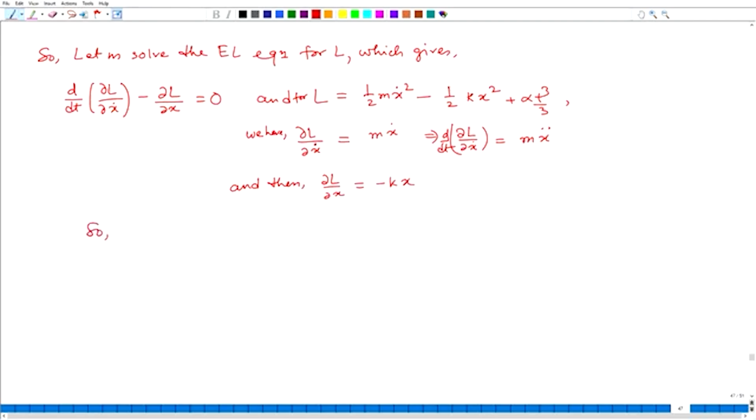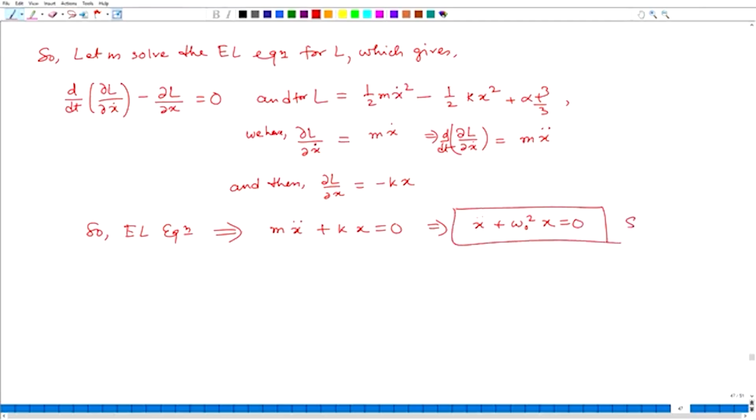So, the Euler-Lagrange equation will give you m ẍ plus k x is equal to 0, or ẍ plus ω₀² x is equal to 0. Simple harmonic oscillation. So, we are convinced that the conclusion about the equivalent Lagrangian was 100% correct.